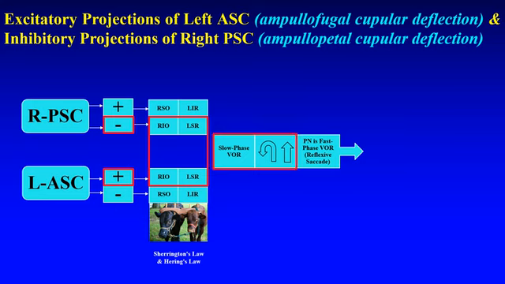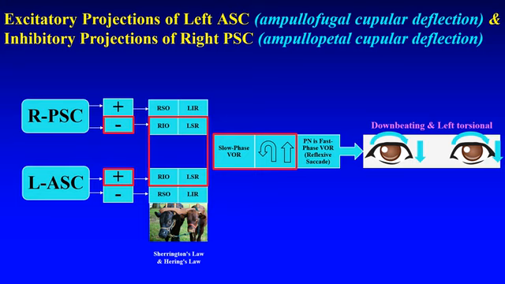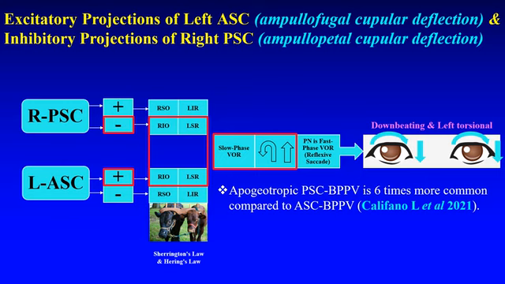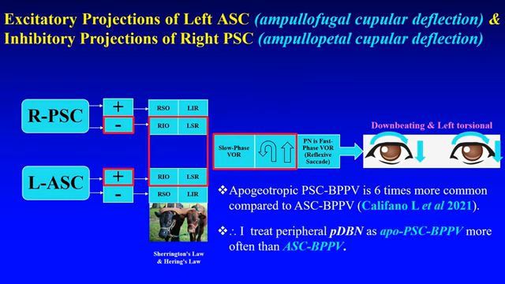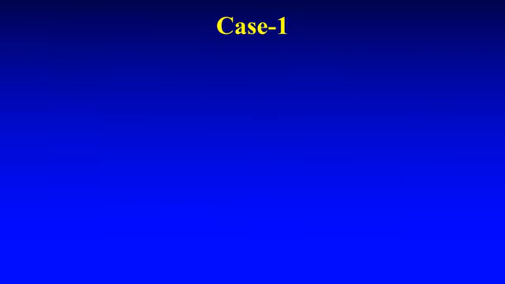The peripheral positional nystagmus, which is a fast phase VOR or a reflexive saccade, is therefore downbeating and left torsional, whether it is left anterior semicircular canal BPPV or an apogeotropic posterior canal BPPV. Because apogeotropic posterior semicircular canal BPPV is 6 times more common than anterior canal BPPV, I therefore treat peripheral positional downbeat nystagmus as apogeotropic posterior semicircular canal BPPV more often than anterior semicircular canal BPPV. So with this I start my first case.